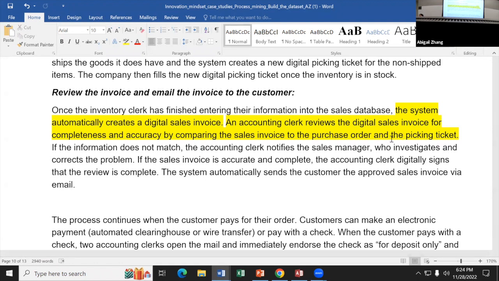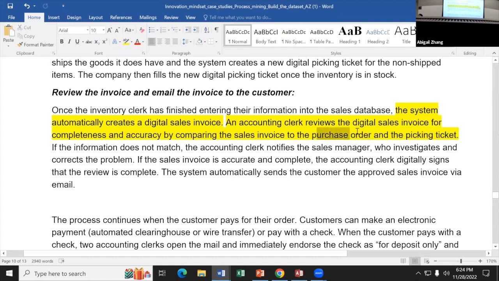Or there could be some errors in, let's say, the email address, right? We should send it to jaden@gmail.com, but then we mistyped his email, so it won't go through. So before we recognize that as revenue, we have to make sure the information matches between the sales invoice, purchase order, and picking ticket.